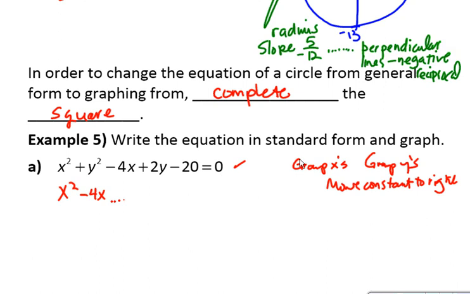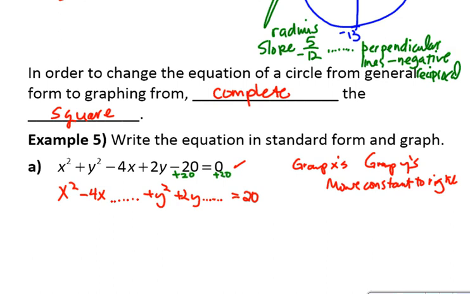I'm going to leave a little space right there. And then plus y squared plus 2y. And I'm going to leave another little space right there. And then I have plus 20, minus 20. And so I'm going to add 20 to both sides. And I'm going to end up with a 0 on the left. On the right side, I'm going to end up with 20.